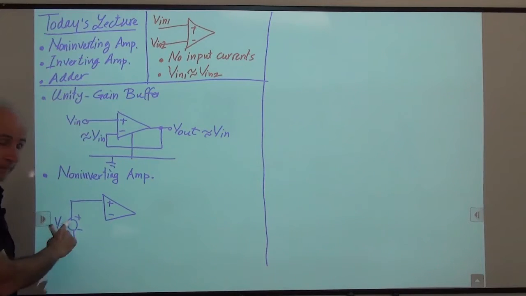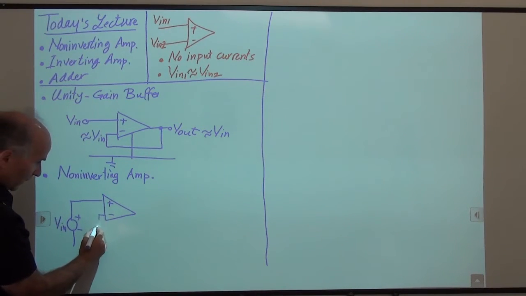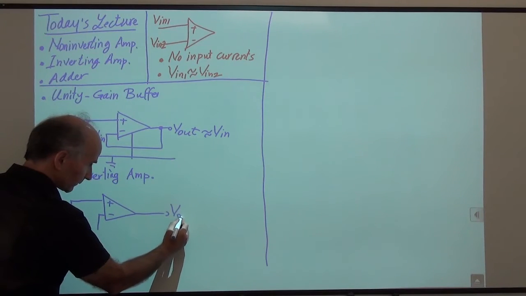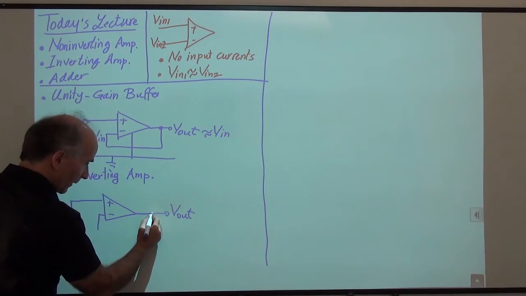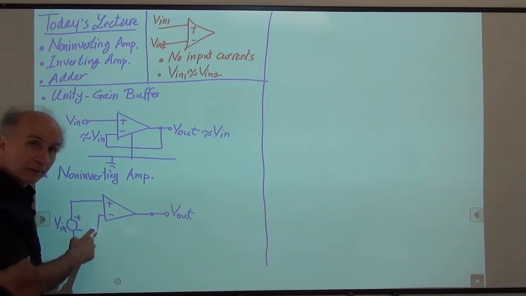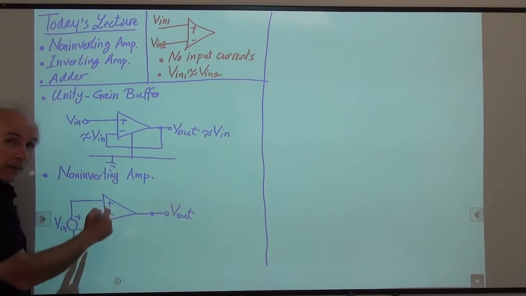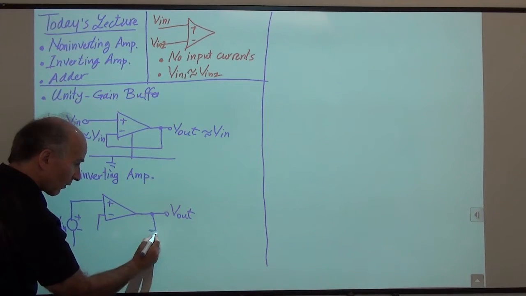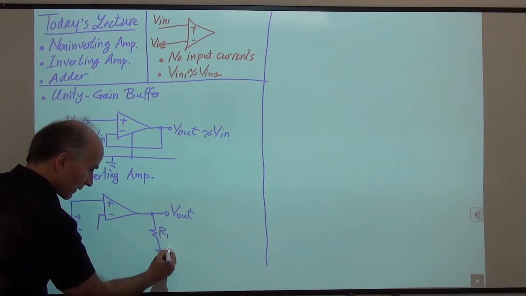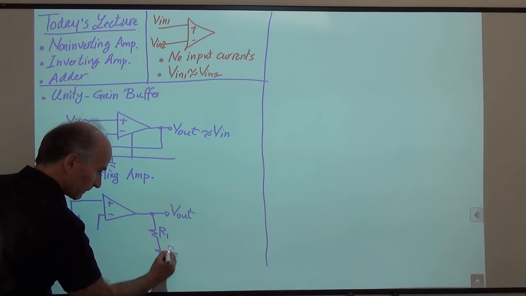It's the same thing, right? And then what we did is we took the output, Vout, but we did not return all of Vout to the input, just like here.